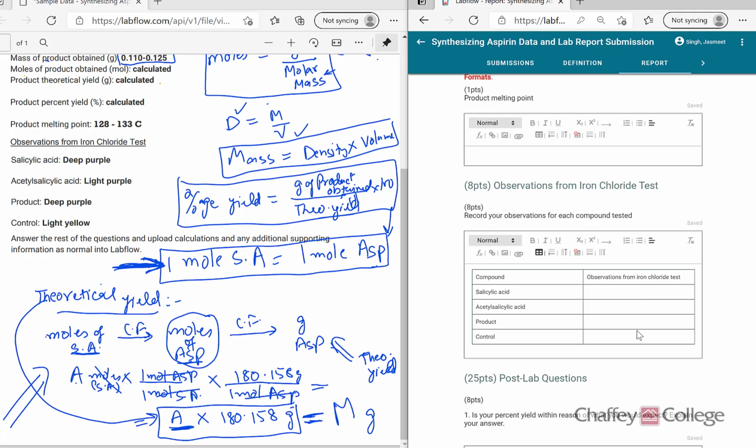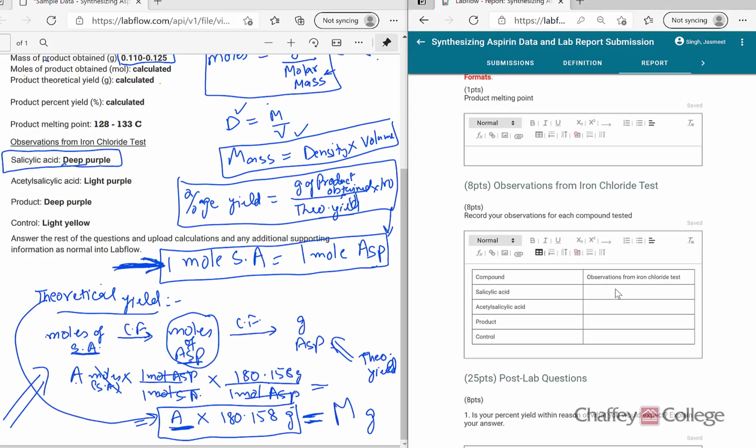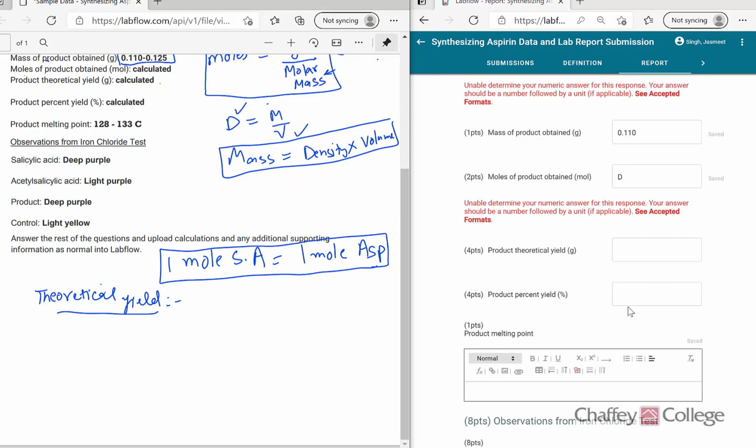So in the case of salicylic acid, the color changes to deep purple, so you should write deep purple. When we added acetylsalicylic acid, the observation is light purple, so you should write light purple here.